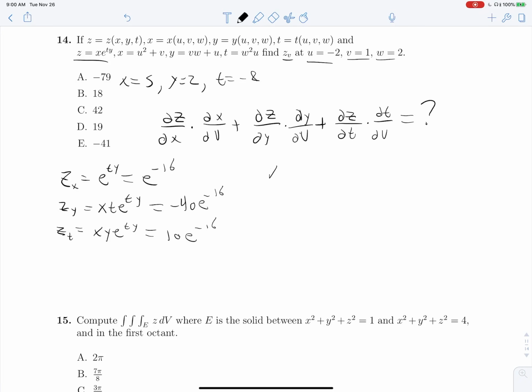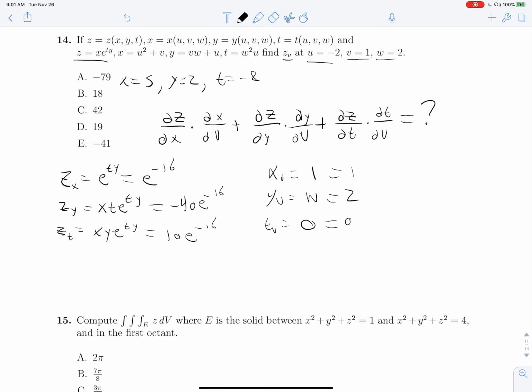And for that, we're going to need an xv, a yv, and a tv. Well, xv is going to be 1, yv is going to be w, and tv is going to be 0. So replacing this w with our value for w up here, which is 2, we have everything that we need.